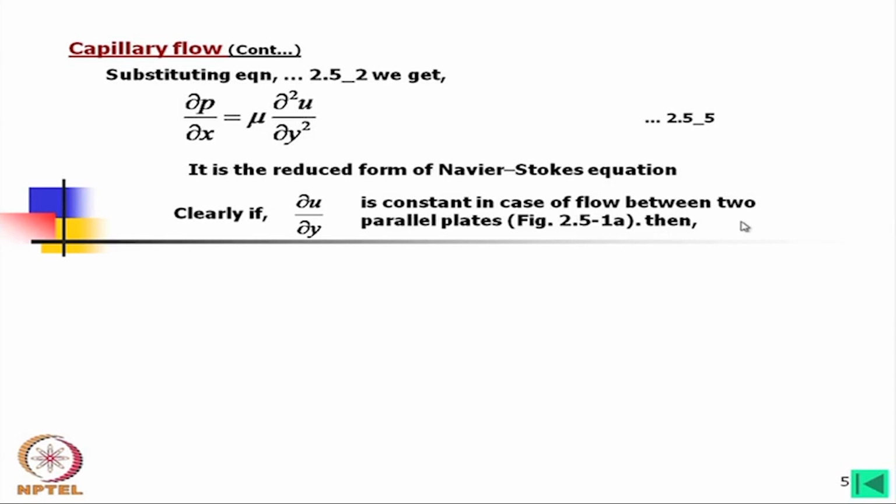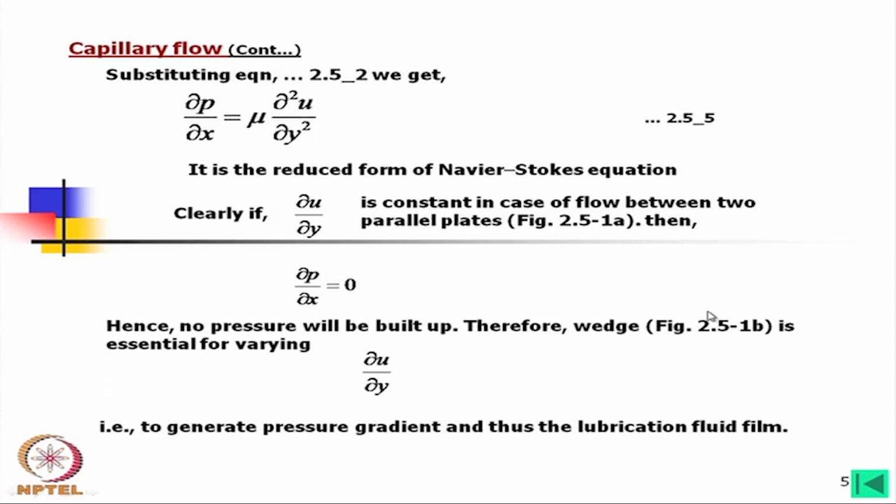Clearly, if del u by del y is constant, as in the case of flow between two parallel plates, then del p by del x will be 0, because the second derivative of u with respect to y will become 0. So, del p by del x is 0.